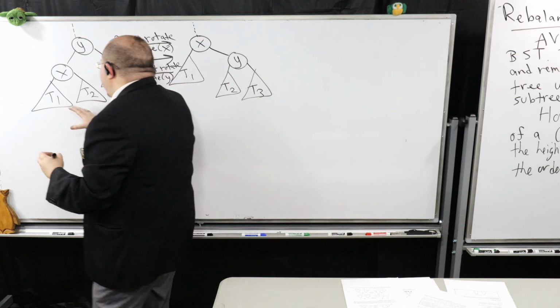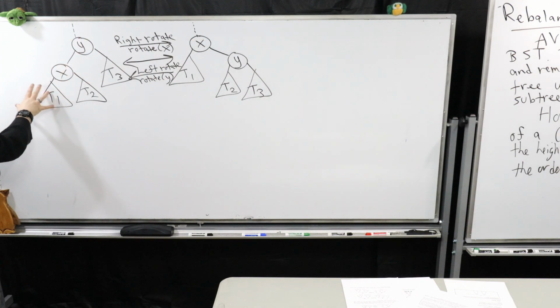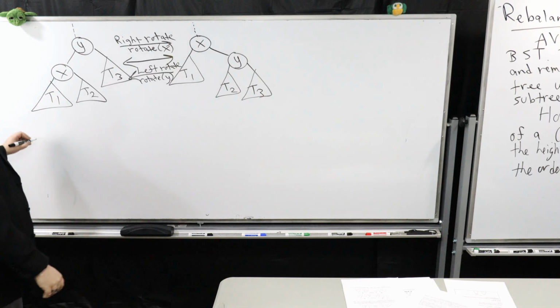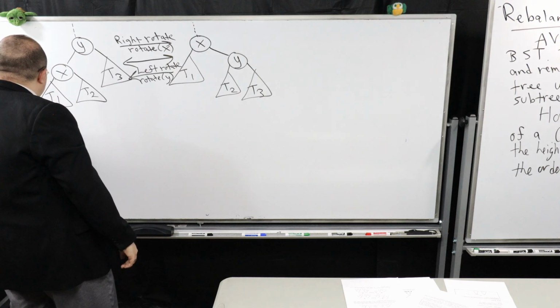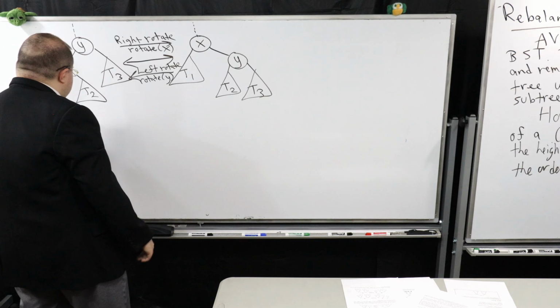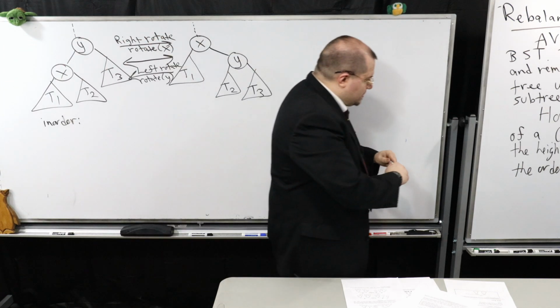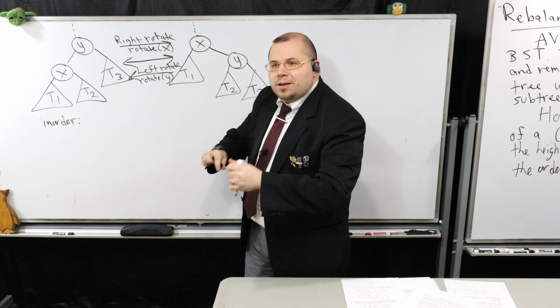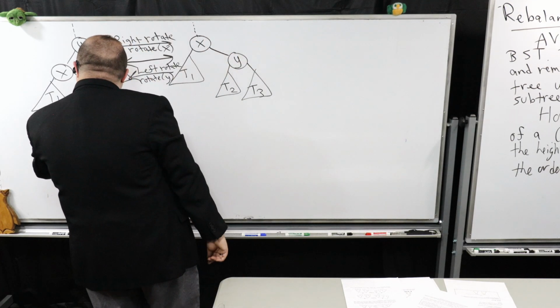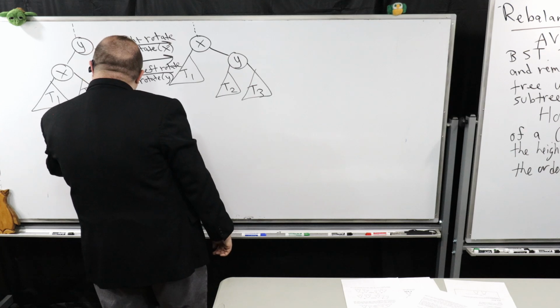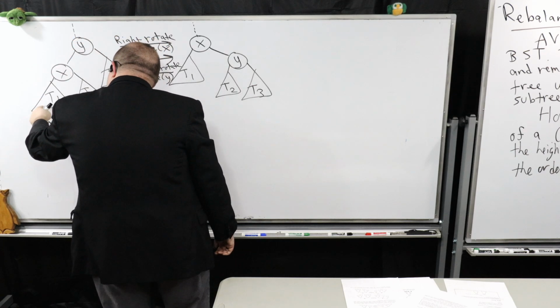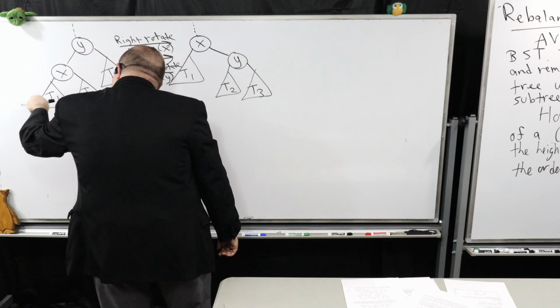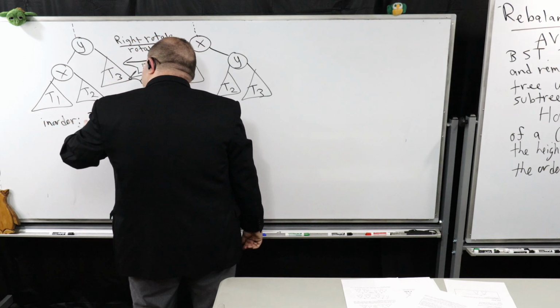So if I imagine I have all my keys in the internal nodes here, the in-order traversal of this tree is T1, X. So I would go all the way down to the left. Whatever's in here, I do the in-order traversal. That's going to be what T1 is.